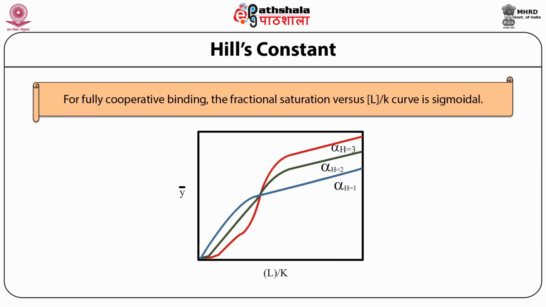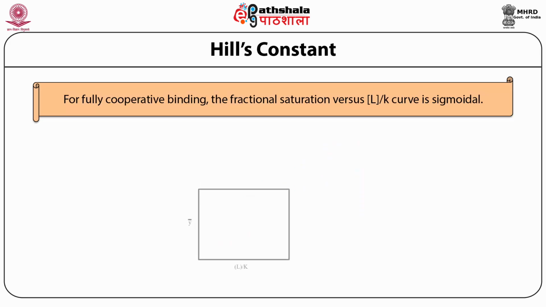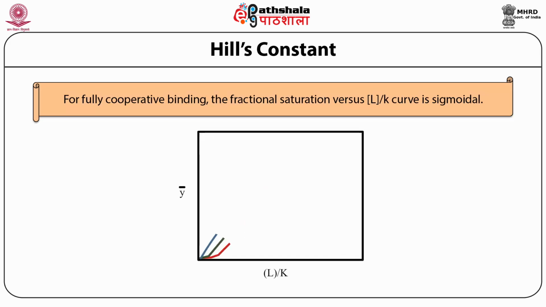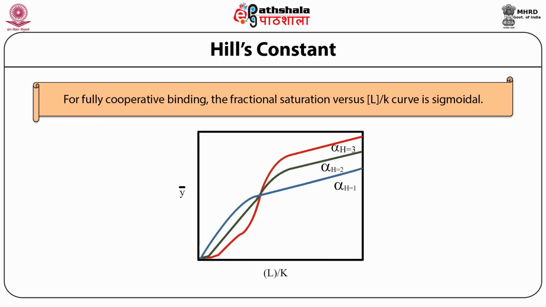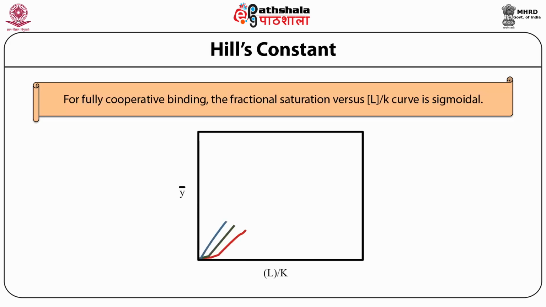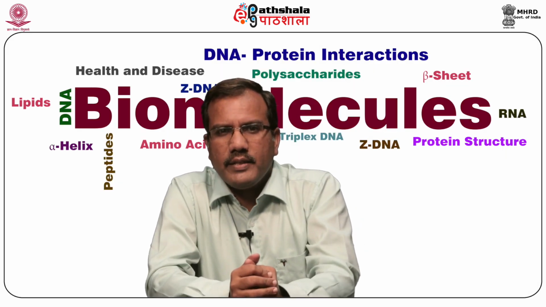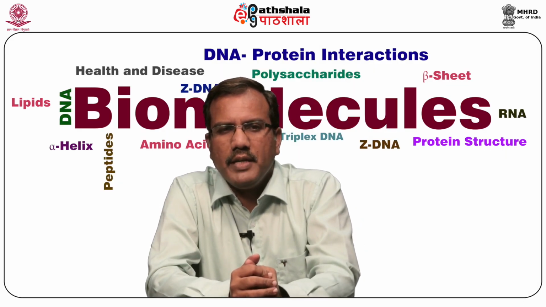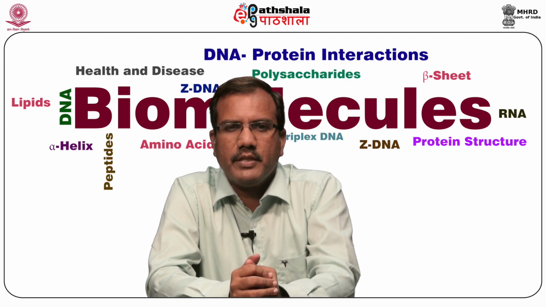As alpha increases, the curve moves from hyperbolic to sigmoidal. So a sigmoidal curve, a plot between fraction and L by K, tells you that the system is fully cooperative. Let us now look at binding models for allosteric proteins.